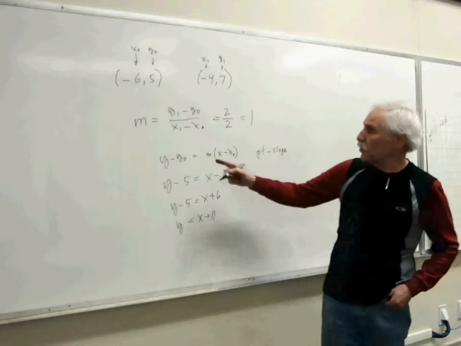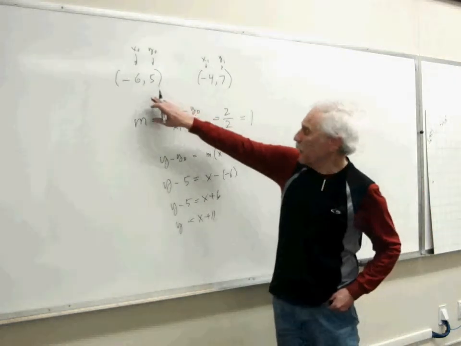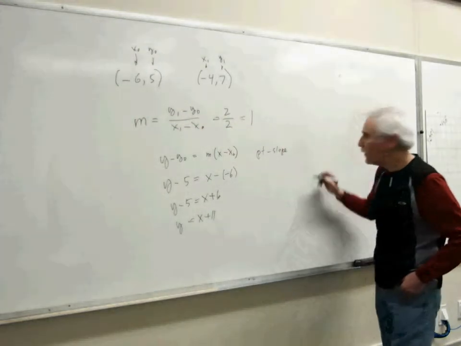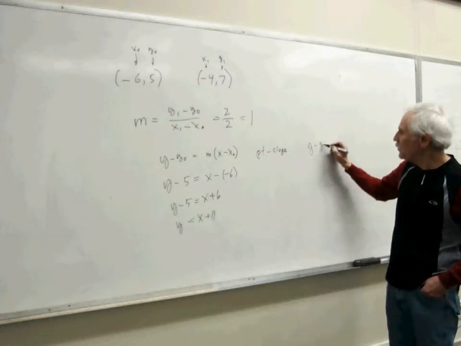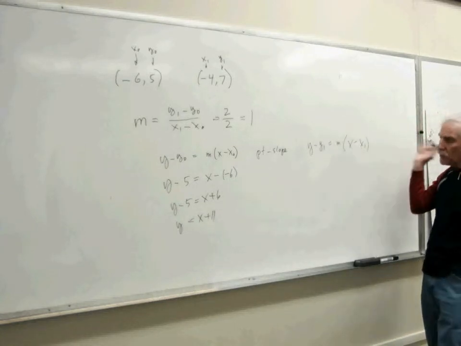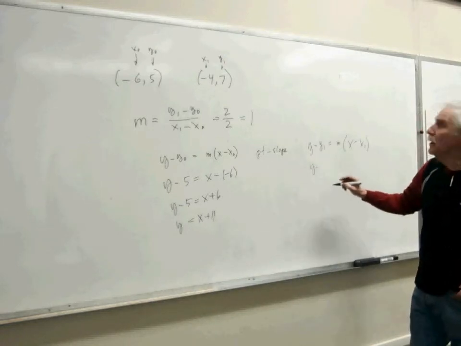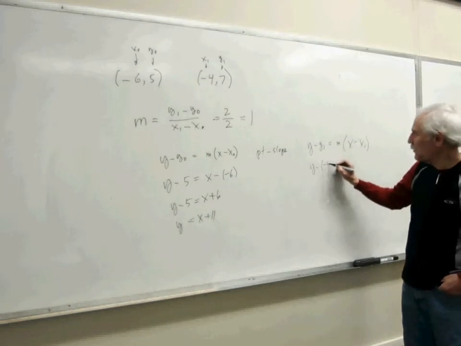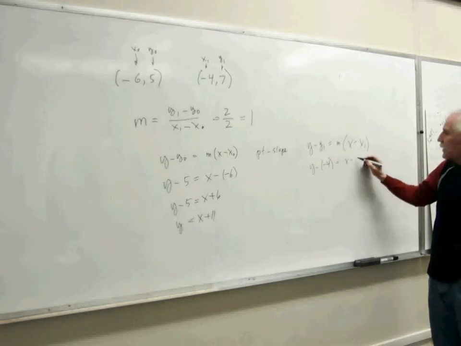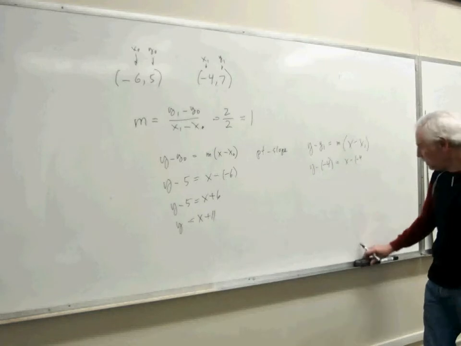Now, suppose that instead of choosing this point as x0 and y0, I had chosen the other point. Would I get a different answer? Well, let's find out. This would be y minus y1 equals m times x minus x1. So I've used the other point. Let's plug it in. y minus y1 is y minus 7. The slope is 1, so you can forget that.